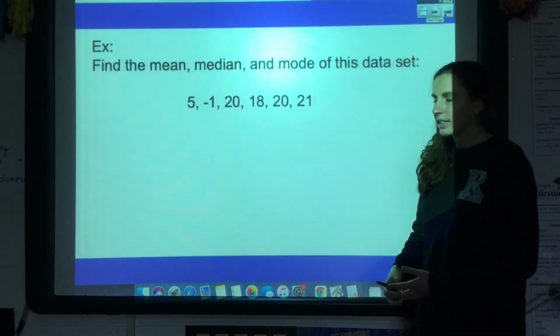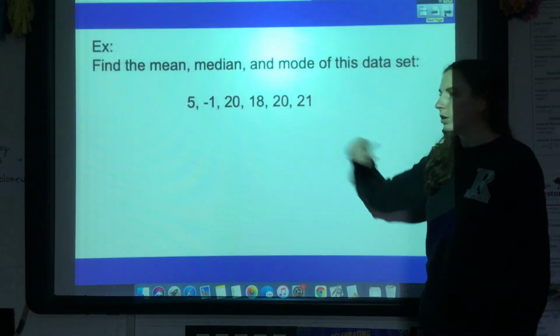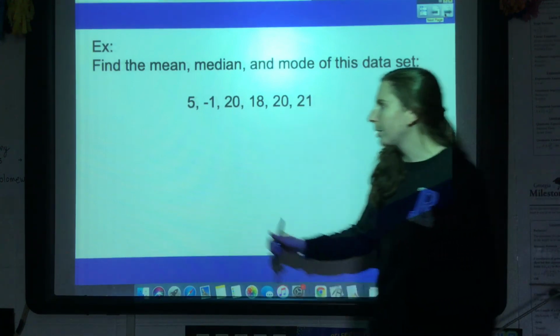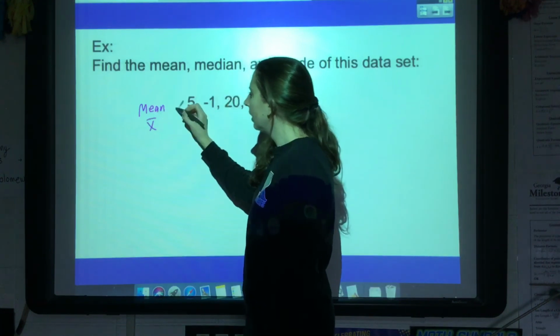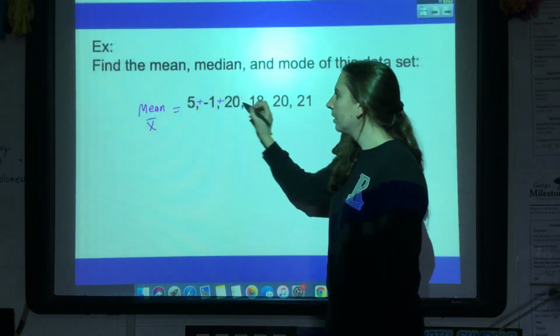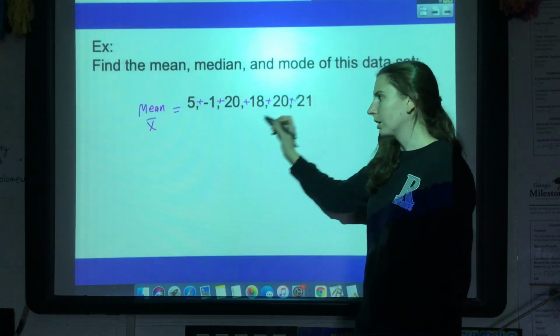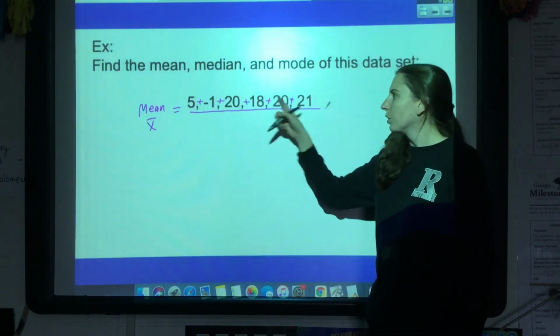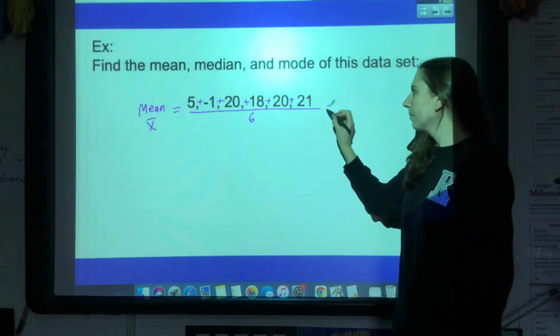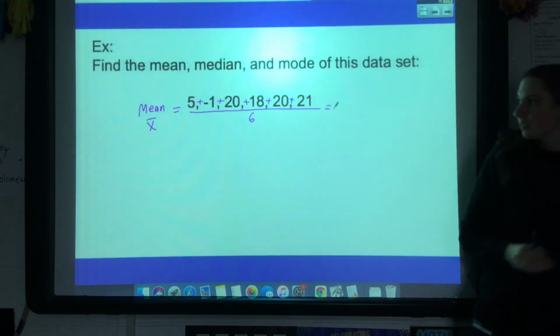All right, so here's an example. Let's find the mean, median, and mode of this data set. To find the mean, or X bar, we'll add them all up. They don't have to be in order for the mean. And then divide by, in this case, 1, 2, 3, 4, 5, 6, because there's 6 of them. And let's see what we get.